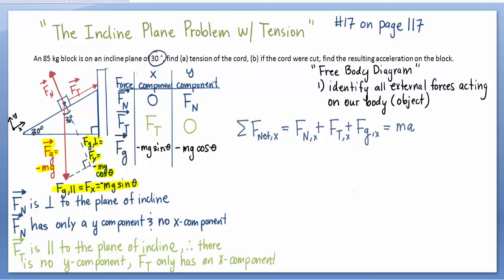Now notice, as long as there is tension on this block, there is no movement, no motion, therefore there is no acceleration. So acceleration for the stationary block equals 0. And that means m times a equals 0.